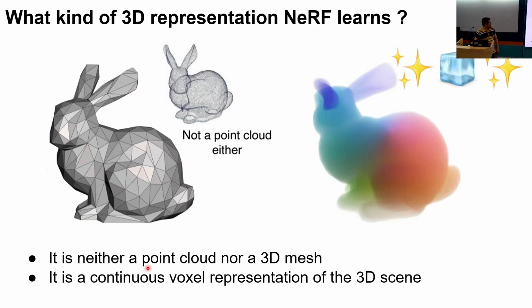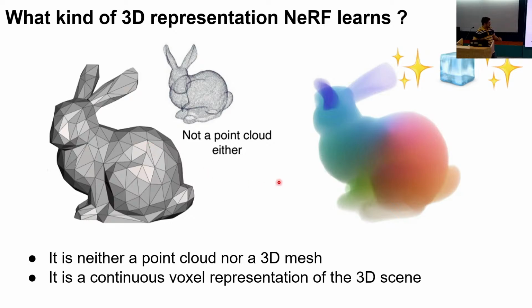So now let's see what kind of representation NeRF learns, why is it important for us. If we have a 3D mesh, it is discrete in nature. You have triangles and you wrap a texture around it, and because of that you are not able to synthesize very good novel views, and view dependent effects also you are not able to model in a 3D mesh.